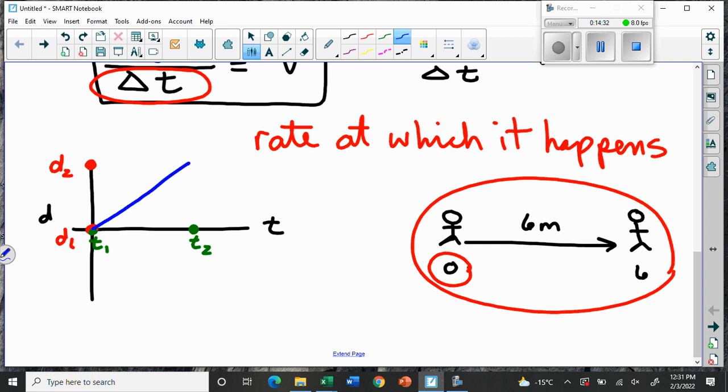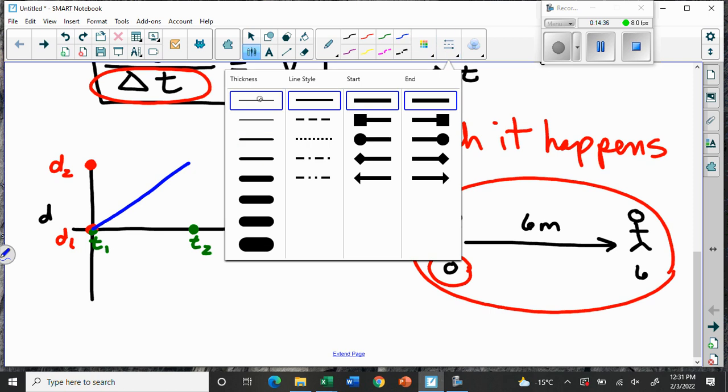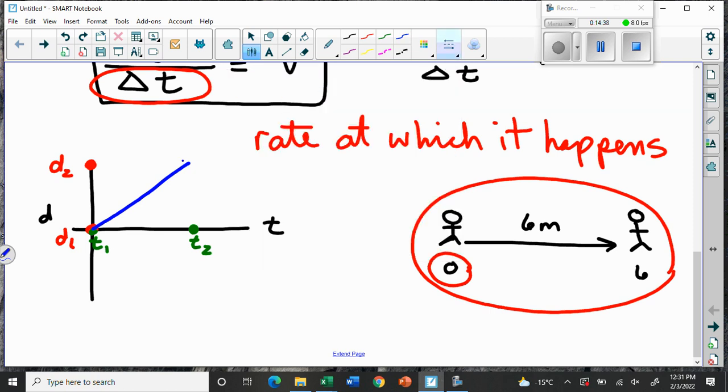Simultaneously, we trace out a line that goes like this. That line will line up precisely with this mark and this mark down here. And this blue line represents the motion of the person who went 6 meters to the right.